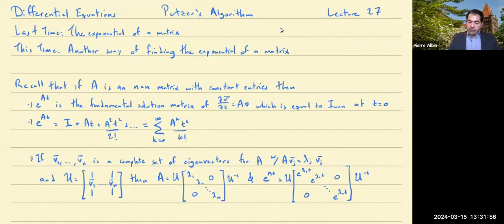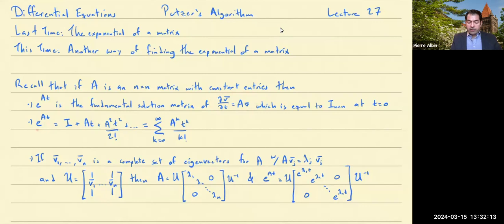So on the one hand, you can't compute the exponential as the fundamental solution matrix. That's not the approach we mostly want to take, because instead we want to use the exponential to find the fundamental solution matrix, right? We want to use the exponential to solve this equation.